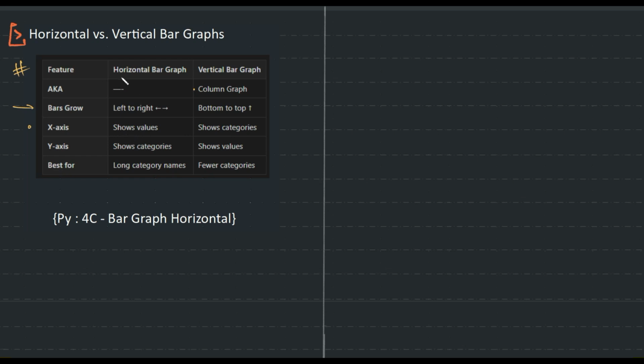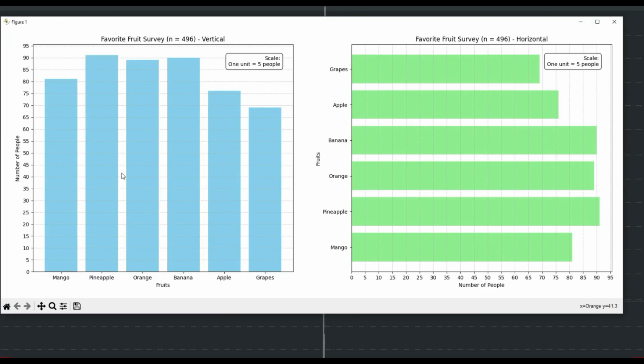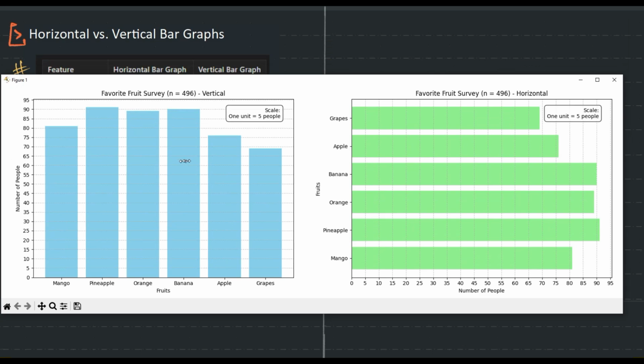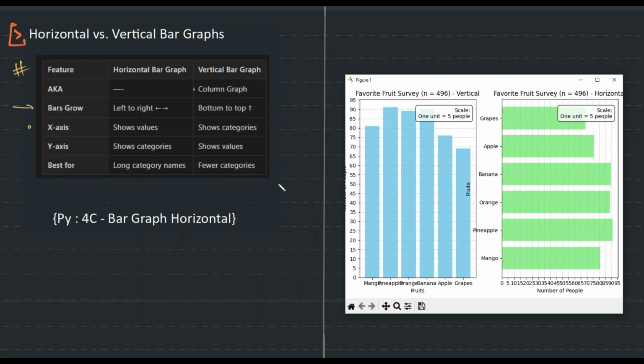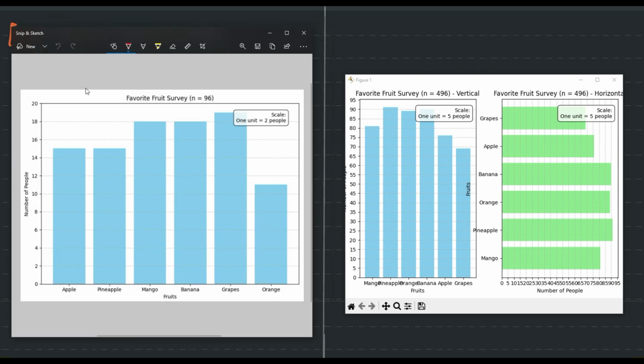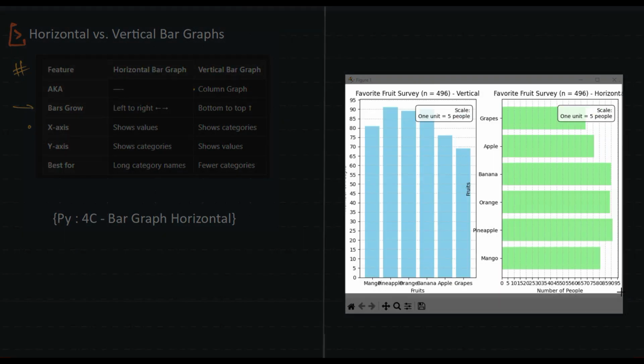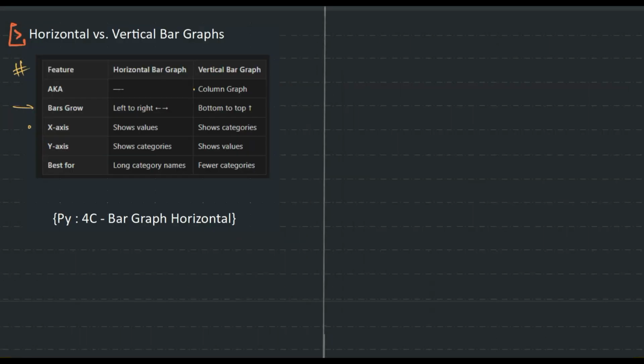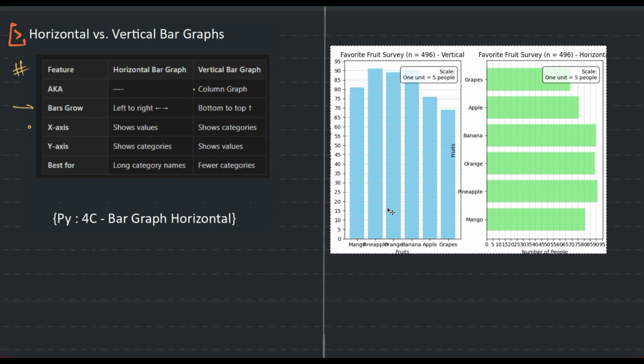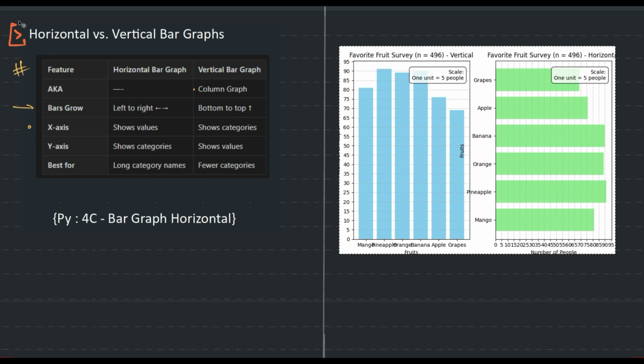Along the x-axis, in the horizontal bar graph, we show values. In the vertical bar graph, we show categories. Actually, it would be better if, let me do this. Okay, that looks okay. Not very convenient, but right.